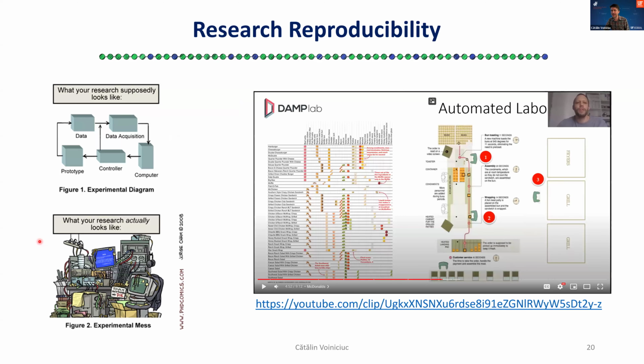So I will share the slides after this class, but I encourage you to look at this short clip from Doug Densmore at the University of Boston, where he explains how restaurants, for instance, have highly automated procedures that could also serve as a model for biologists to have reproducible workflows.